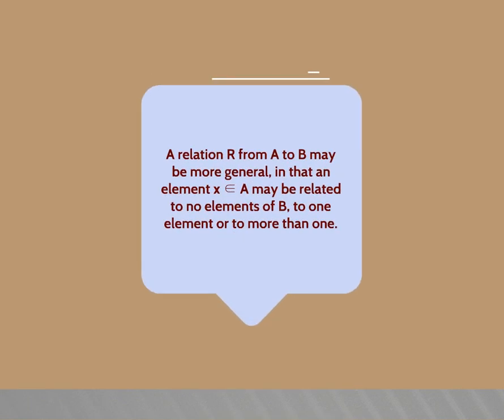A relation R from A to B may be more general in that an element x of A may be related to no elements of B, to one element, or to more than one.